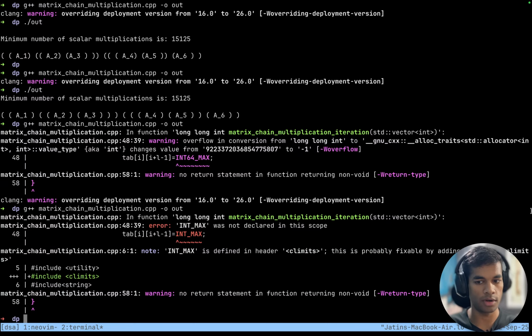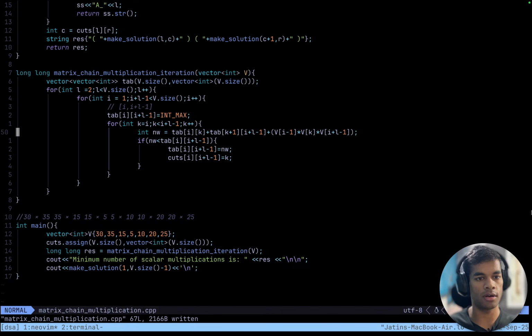We do not have climits, and we supposedly have some extra parentheses. This one corresponds to that, this one corresponds to that, and this one corresponds to that. All of them are correct, but we need climits.